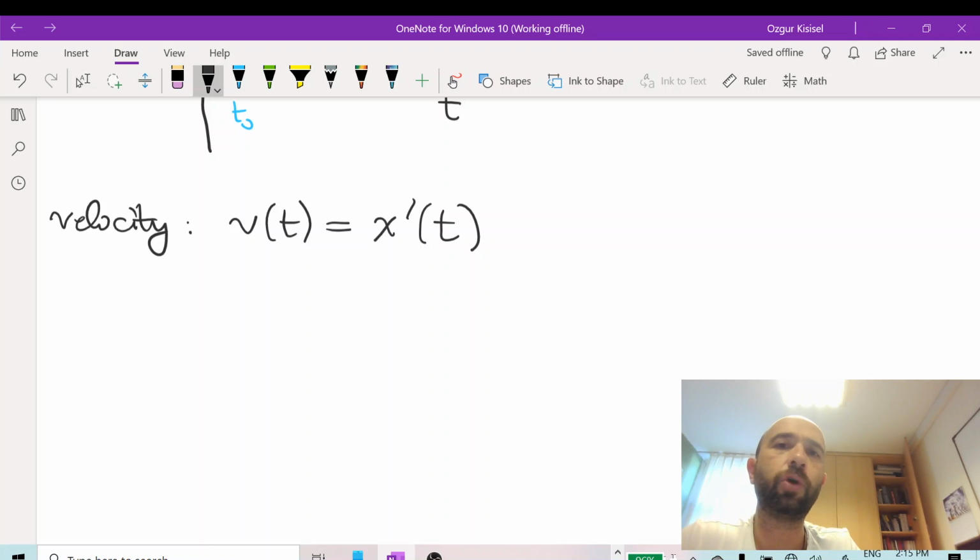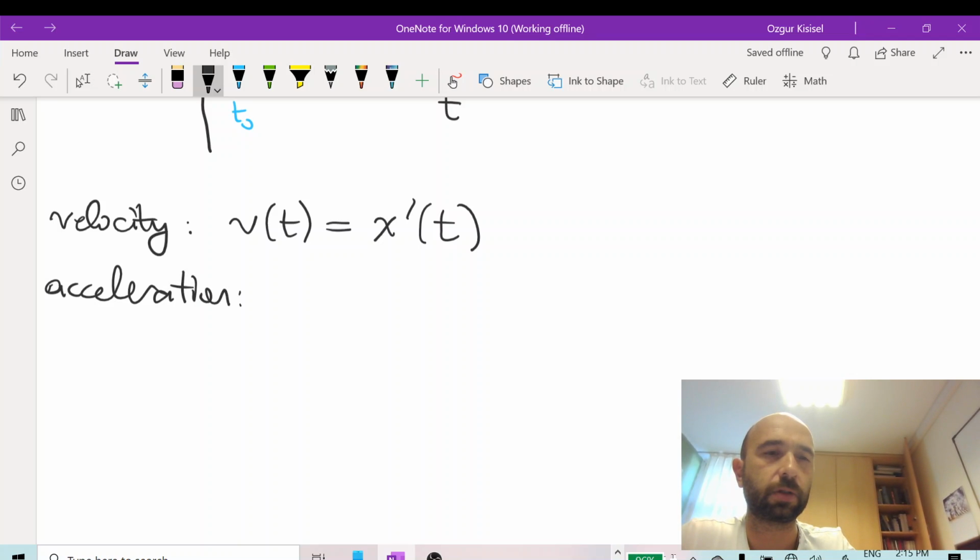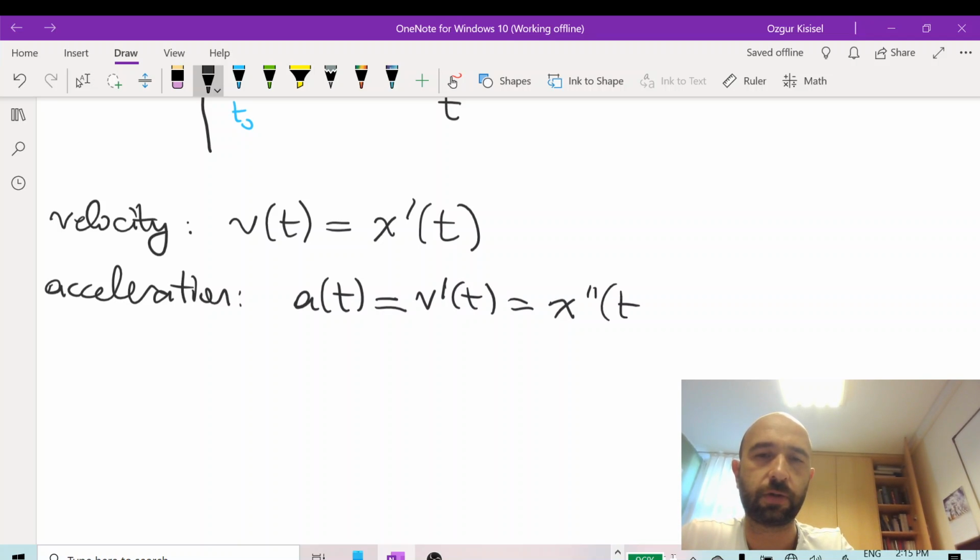And there's also one more quantity which is very important, that's acceleration. a(t) is the time derivative of velocity or second derivative of position. These are definitions.